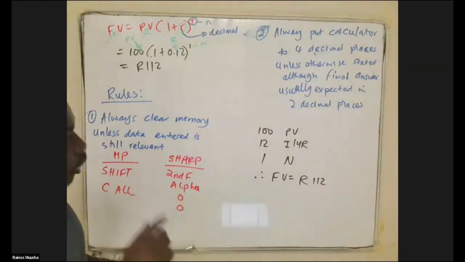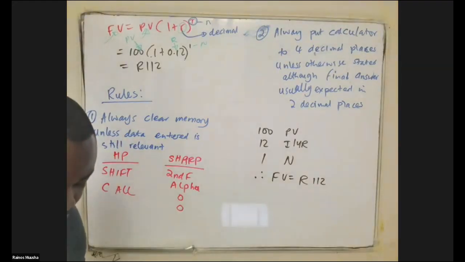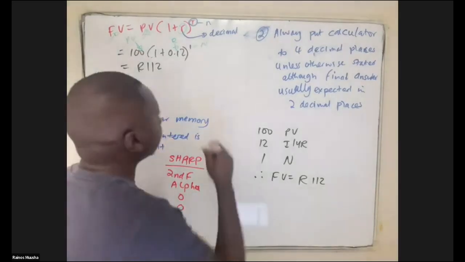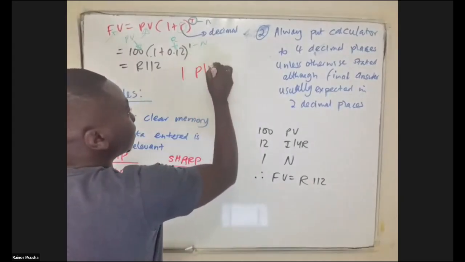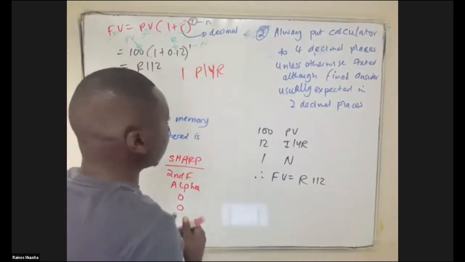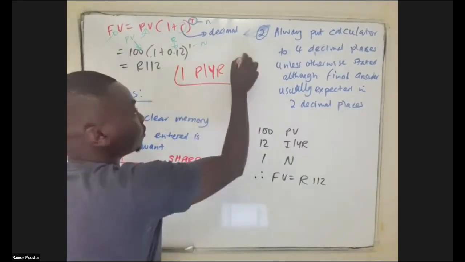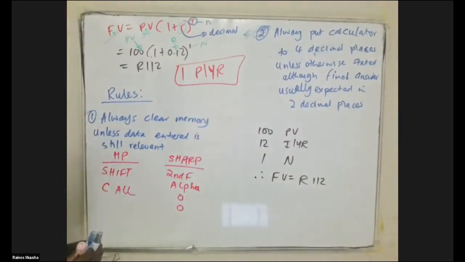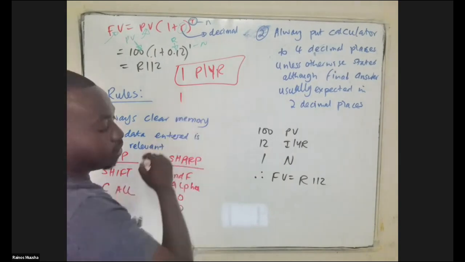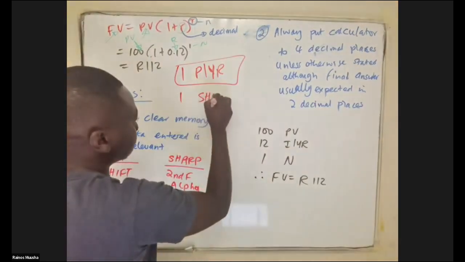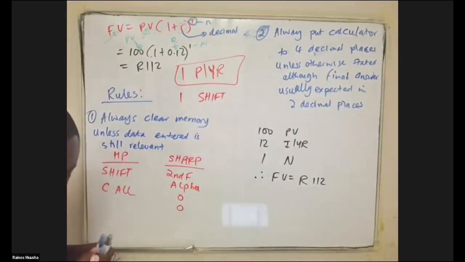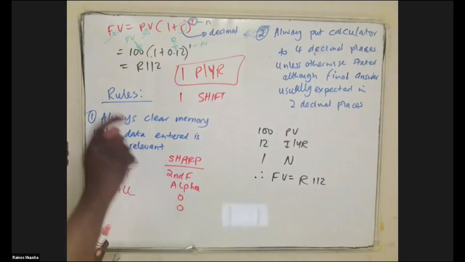All right. The other issue that you need to make sure of with the HP calculator is that your calculator is always in one payment per year. To ensure that, you press 1, then you press shift, because you're looking for the function which is in yellow or maroon.